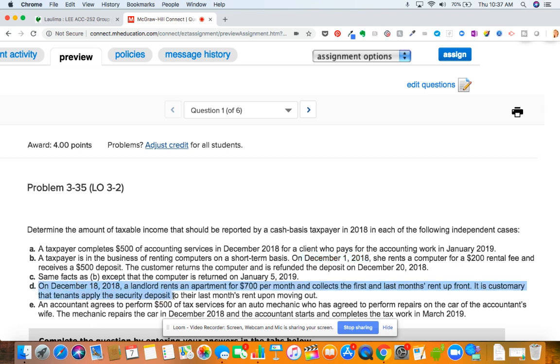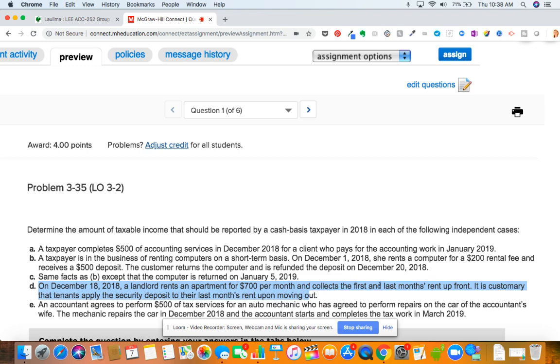D, on December 18, 2018, a landlord rents an apartment for $700 per month and collects the first and last months up front. It is customary that tenants apply the security deposit to their last month's rent upon moving out. Well, that's not actually customary. That's illegal in most states. I guess they said first and last month's rent up front and not first and deposit. That's the way it is in Hawaii. There are some states that are allowed to collect deposit first and last, in which case you have a last month.